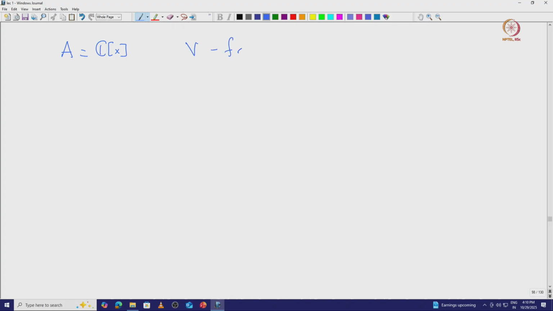So, let us say V is a finite dimensional representation of this capital A. Then V you can write as V1 direct sum etcetera direct sum Vr, and each Vi is indeed isomorphic to V(lambda i, Ni). So, this is the Jordan block. Then we have a basis of this Jordan block.